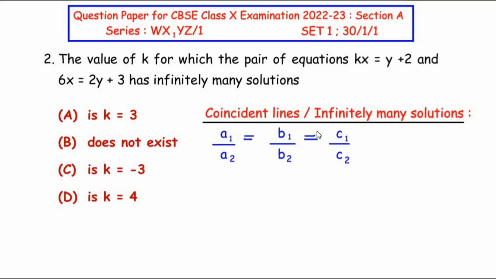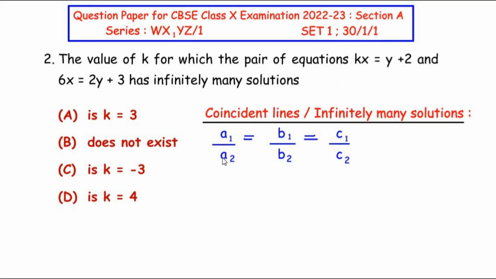Now the coincident lines or infinitely many solutions, the condition is a1 over a2, that is the coefficient of x for the 2 lines, should be equal to b1 over b2, that is coefficient of y, is equal to c1 over c2, that is the constant of the 2 lines.